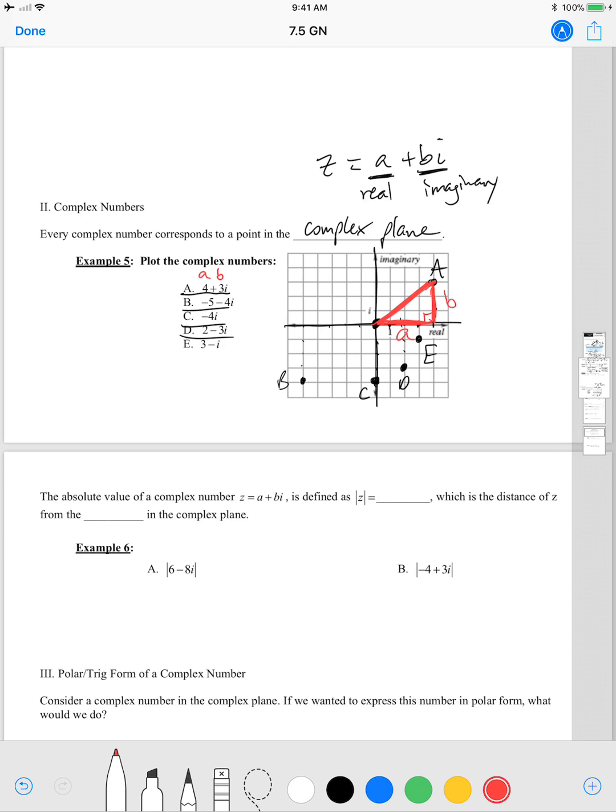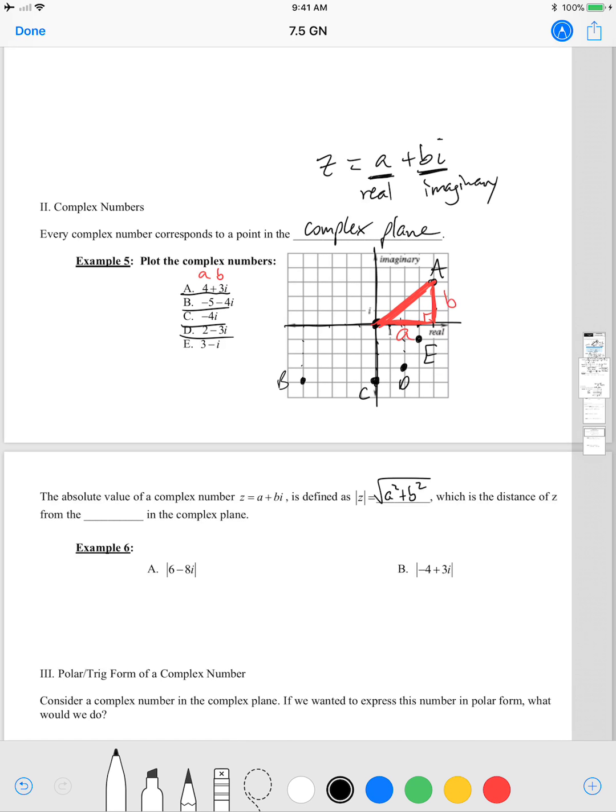So if I want the distance, the hypotenuse, how do I find that? a squared plus b squared, and then take the square root. So the absolute value of any complex number is defined as the square root of a squared plus b squared. Now, hopefully that makes intuitive sense to you. And if not, go back and listen to that explanation again. And we're definitely going to talk about this in class also.